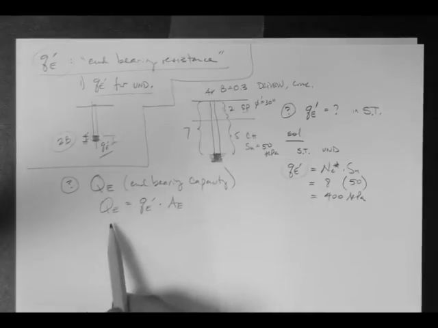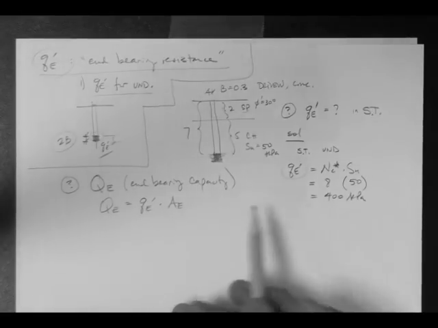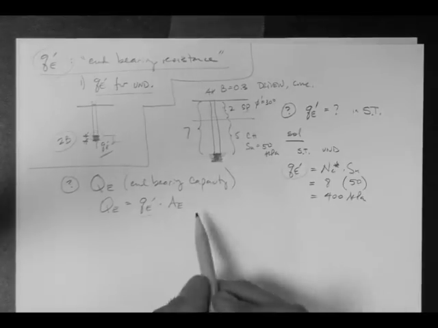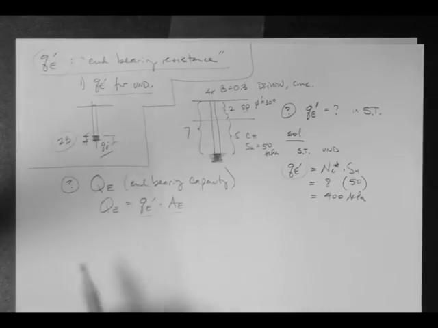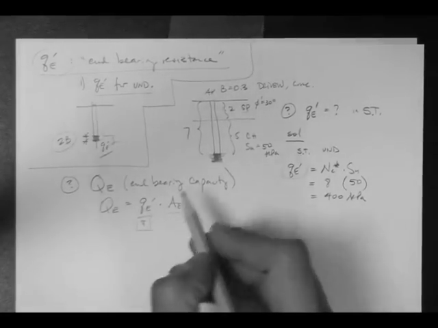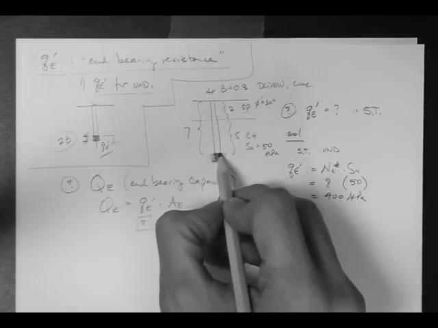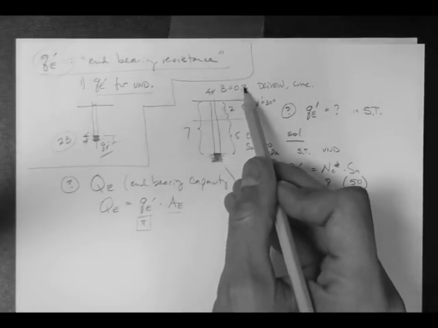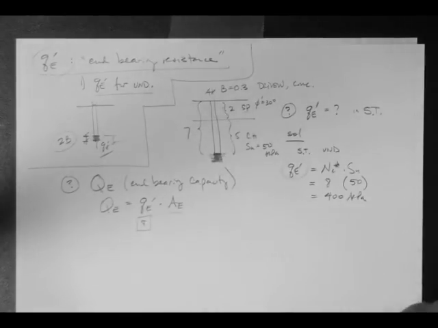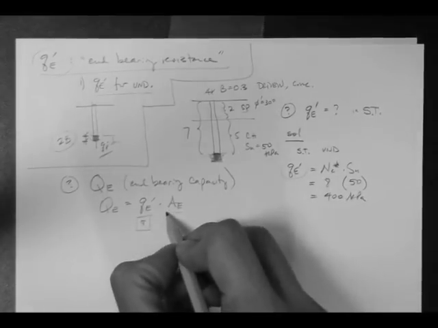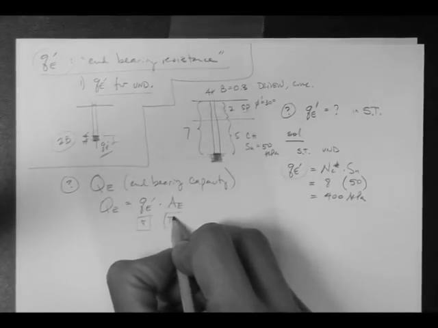Just like we have QS equal to FS times AS, we have QE equal to QE prime, end bearing resistance, times the area. Well, this is a sigma, right? So what's the area associated with that sigma? Well, it's the end bearing area of the pile. So it's not the surface area, it's the end bearing. It's normal to the sigma, normal to the QE.